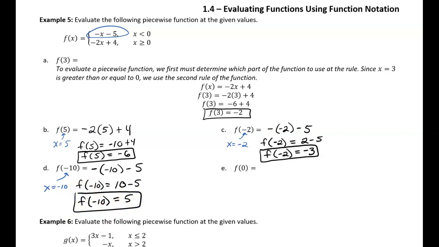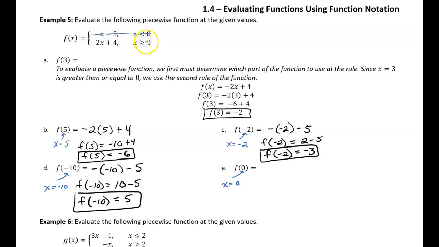Good. Last one. F of 0. So again, this is telling us that the x value that we're looking to evaluate is 0. So back to our piecewise function. Which of these rules allows x to equal 0? Well, the first one is x is less than 0. It has to be smaller than 0, so I don't think that one will work.